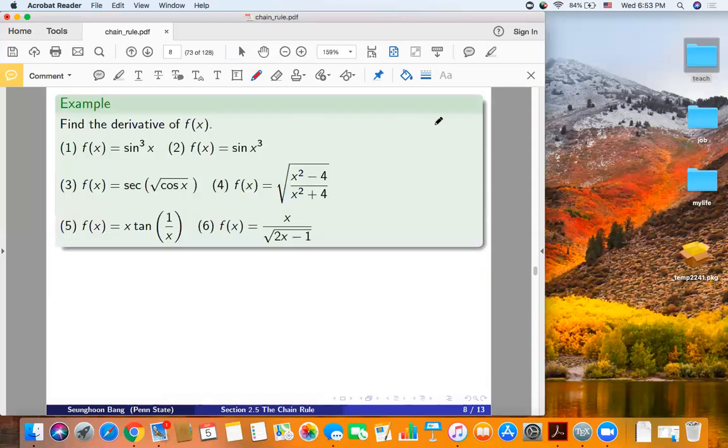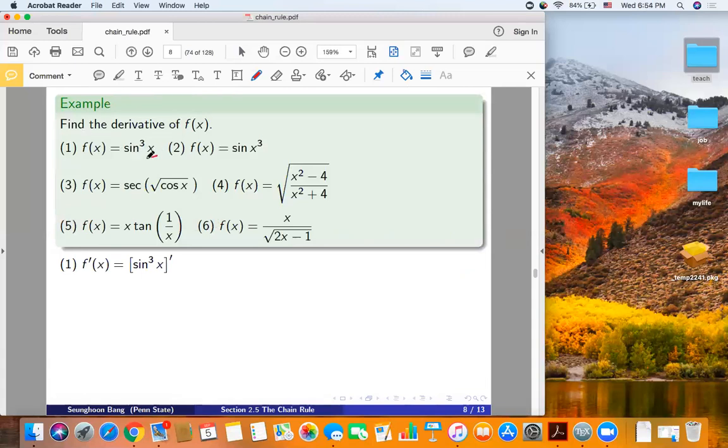So let me see. We think about the 6 examples here. The first one, f of x equals sine cube x. How can you find the derivative? The sine cube x prime. So do you have any idea? Sine cube x prime, the first one. So let me see.